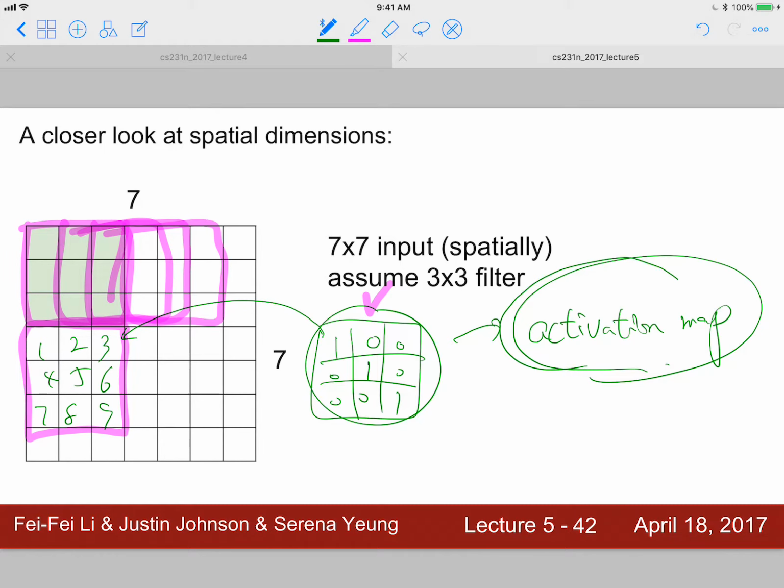But what is the meaning of this activation? Activation is really how similar the particular position is to the given filter, okay? So it's like detecting the patterns that we look for, okay?